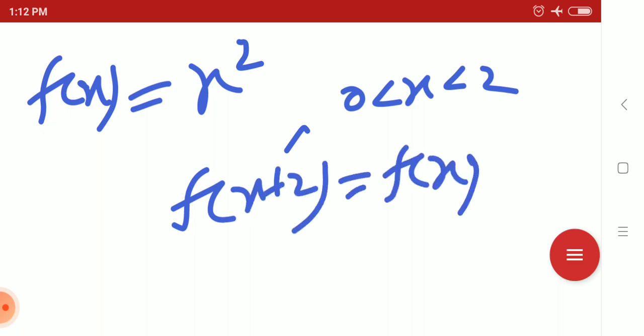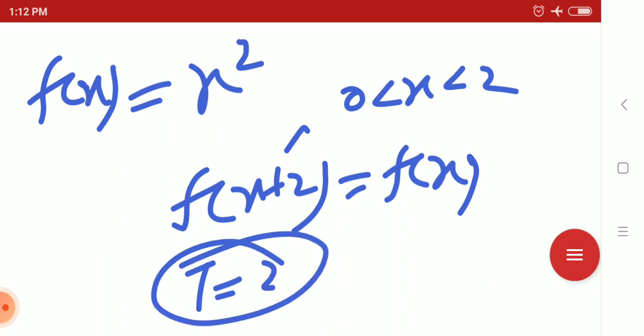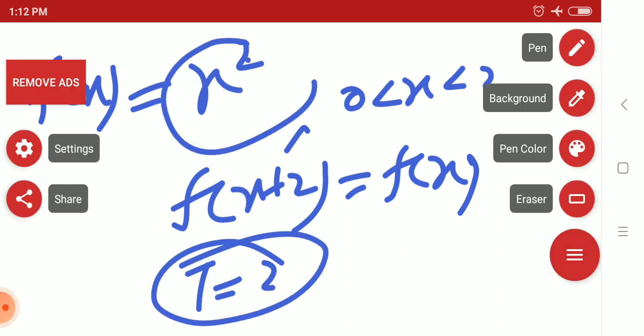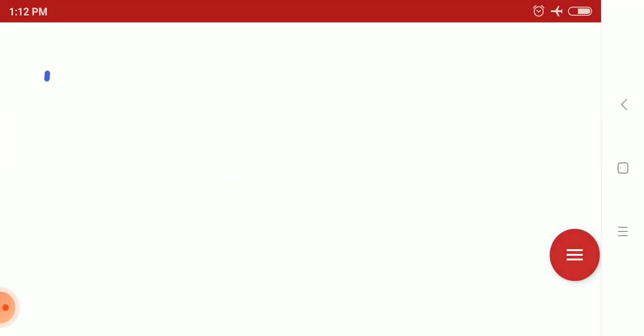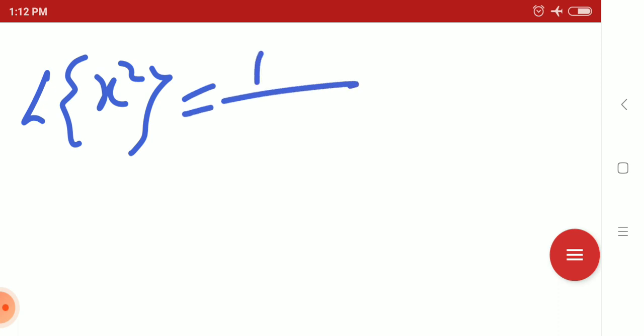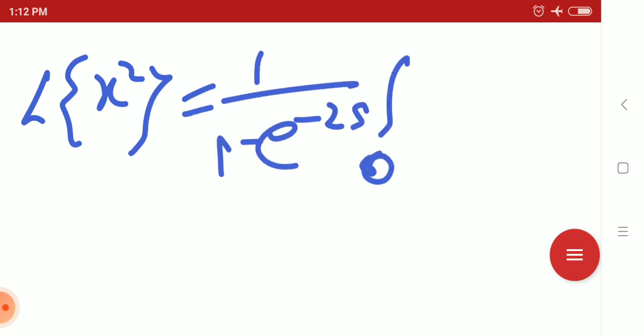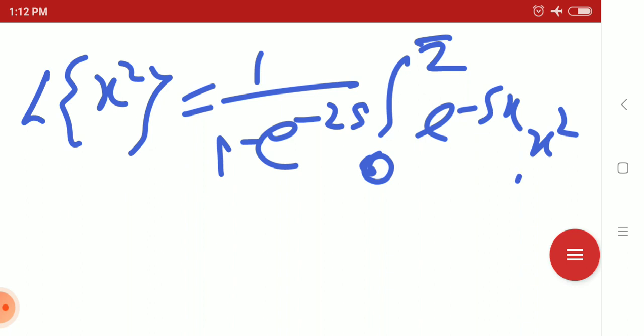That means the period here is 2. So the Laplace transformation of x square will be 1 by 1 minus e to the power minus 2s, integration 0 to 2, that period, e to the power minus sx x square dx.